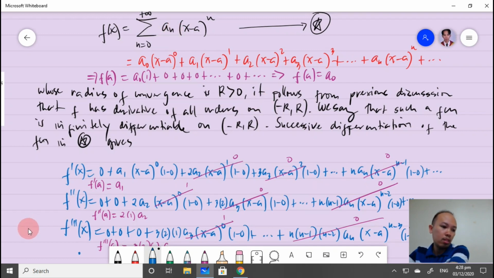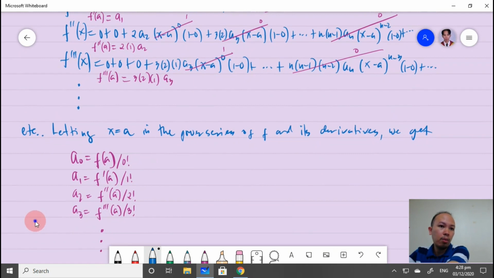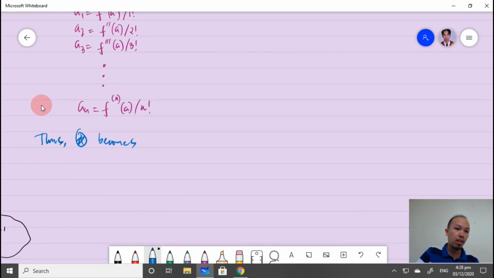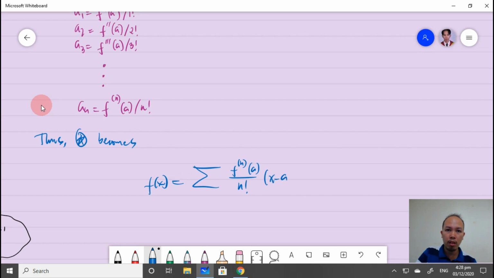So star becomes f of x equals the sum of the nth derivative evaluated at a over n factorial times x minus a to the power of n, where n starts from 0 to positive infinity. This is really a nice notation.